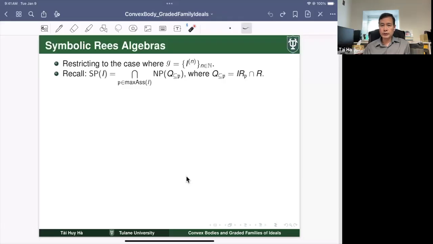If we restrict to the family of symbolic powers, or we're looking at the symbolic Rees algebra, then this is how the symbolic polyhedron is defined.